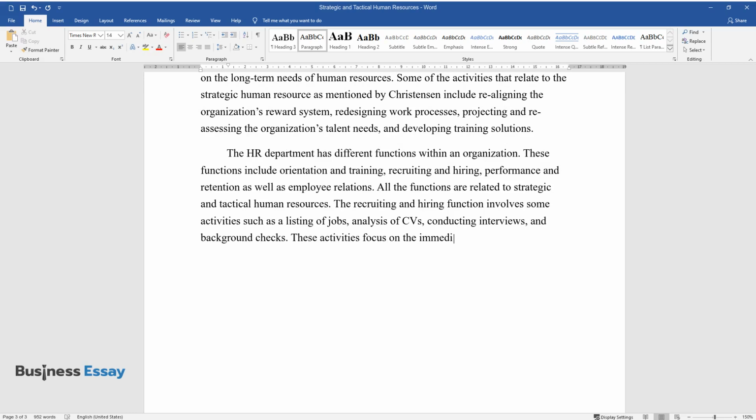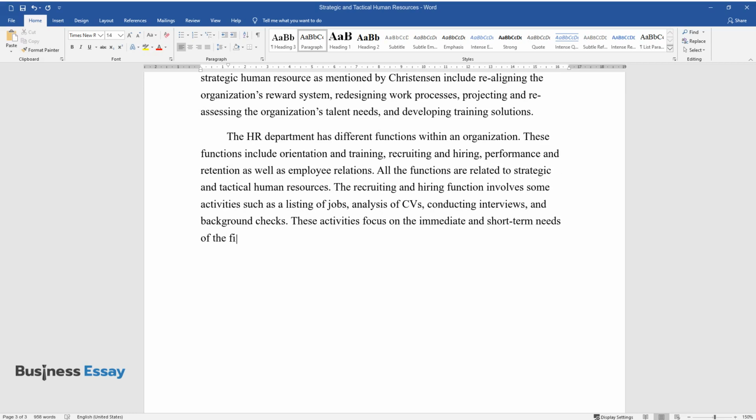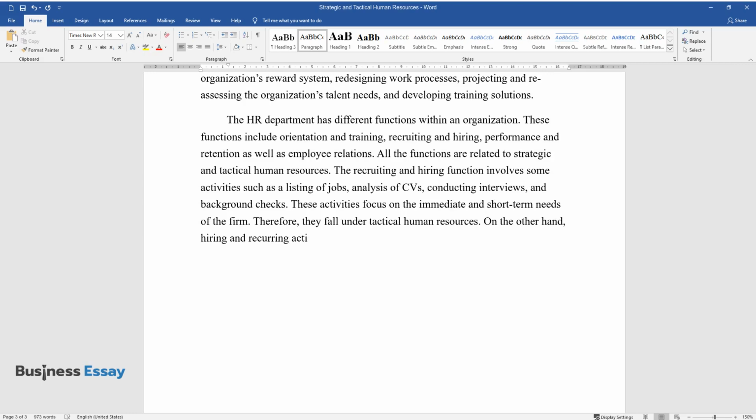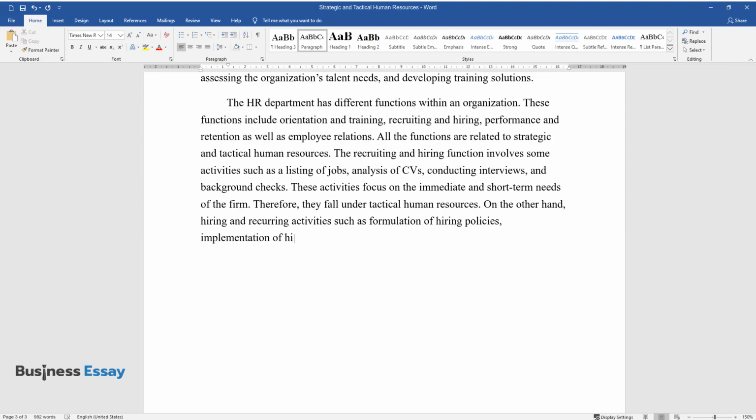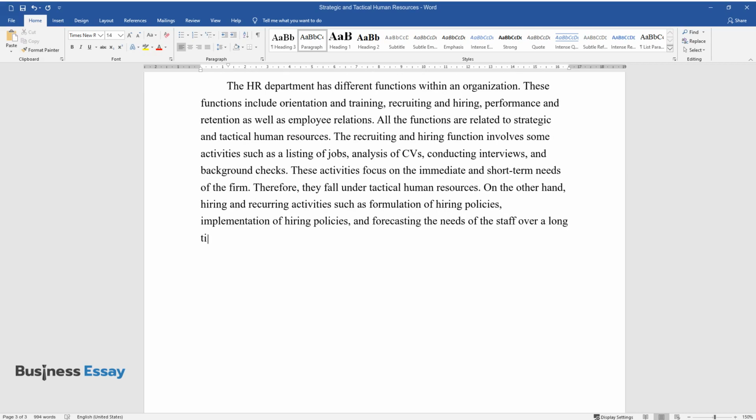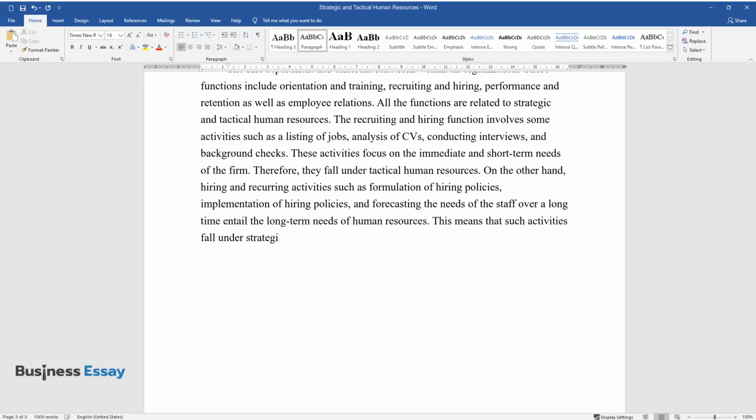These activities focus on the immediate and short-term needs of the firm. Therefore, they fall under tactical human resources. On the other hand, hiring and recruiting activities such as formulation of hiring policies, implementation of hiring policies, and forecasting the needs of the staff over a long time entail the long-term needs of human resources. This means that such activities fall under strategic human resources.